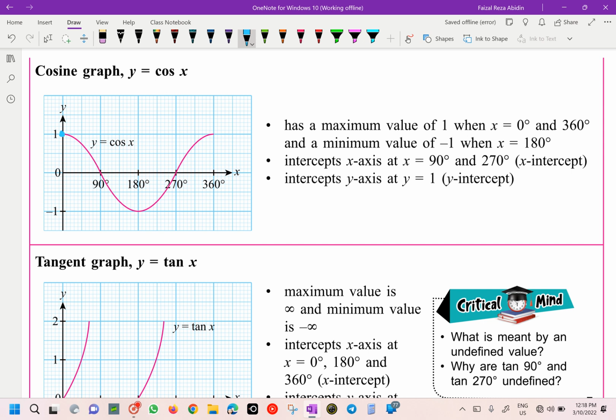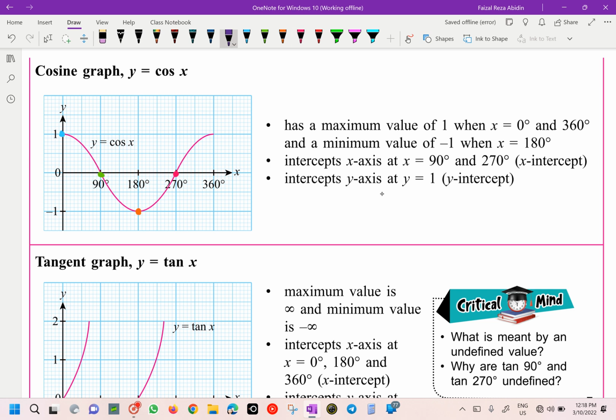Okay, and then if you are pressing your calculator, y equals cos 90, is it 0? Yes. You are going to get 0 over here. When y equals cos 180, we are going to get negative 1. And then y equals cos 270, you are going to get 0.